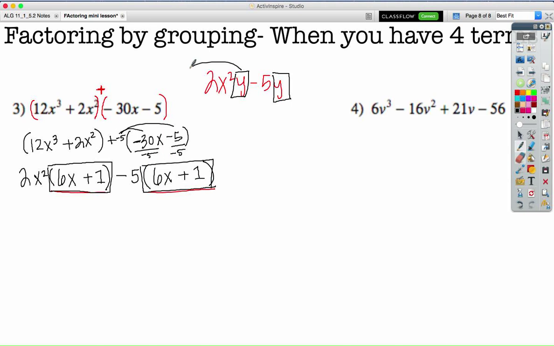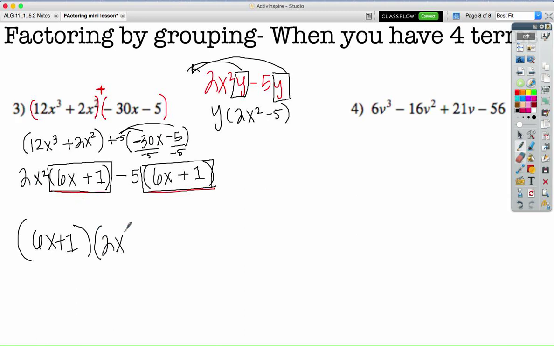So just like we would take the y out and write what's left, that's what we're going to do here. We're going to factor out the 6x plus 1. We're going to take that and set it in a parentheses out front. And then once we pull that out here, what we're left with is 2x squared and then minus 5.